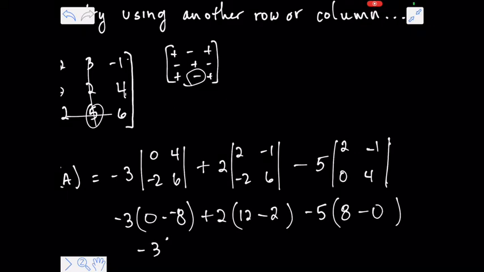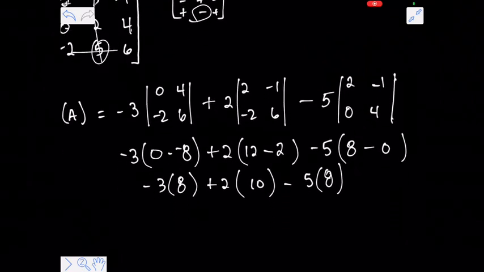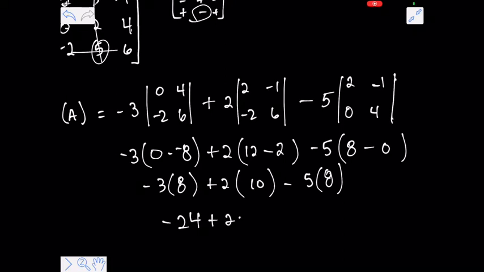So we have a negative 3 times 8 plus 2 times 10 minus 5 times 8. So negative 24 plus 20 minus 40 is equal to negative 4 minus 40, which is negative 44.